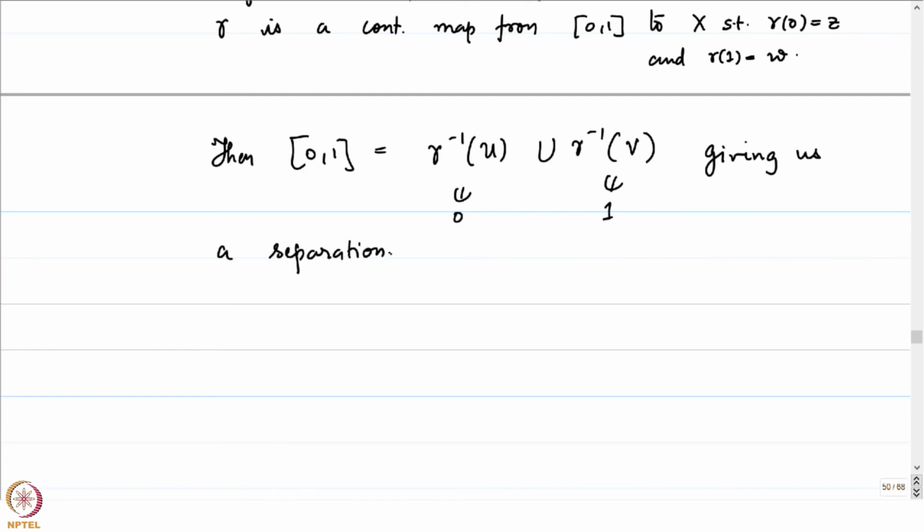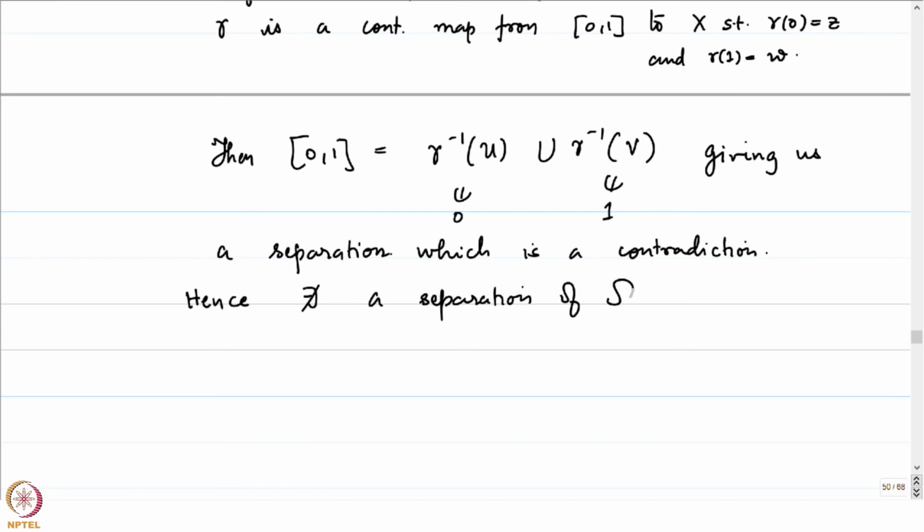We know that intervals are precisely the connected subsets of R. There does not exist a separation of 0, 1, which is a contradiction. Hence, there does not exist a separation of omega, which is the same as saying that omega is connected.